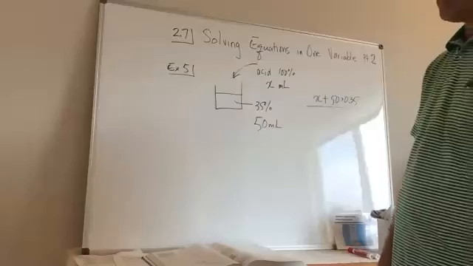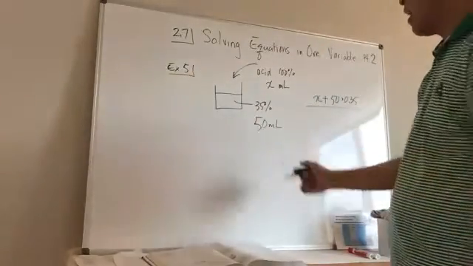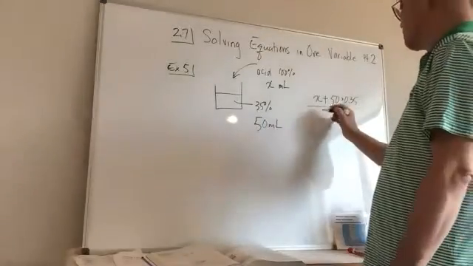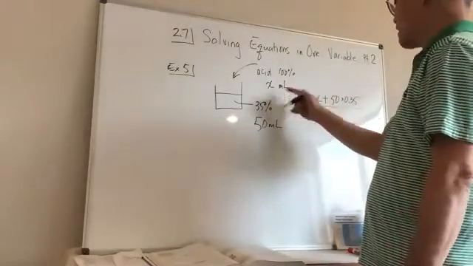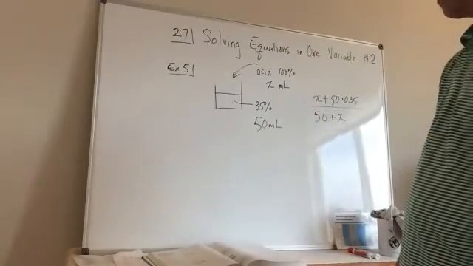What's my total volume of liquid? I had 50 milliliters, and I'm going to add the X milliliters. But what do I want to end up with?